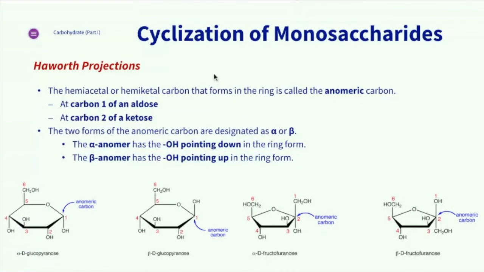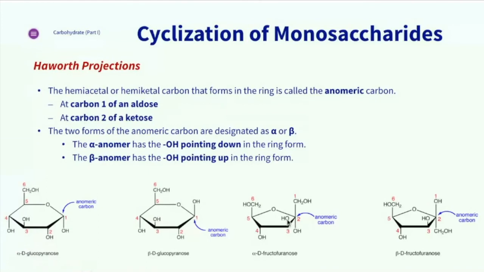Okay. So the hemiacetal and hemiketal carbon that forms the ring is called the anomeric carbon. So usually for the aldose, it is at carbon number 1, and for ketose, it is at carbon number 2. So this is the aldose, so the anomeric carbon is at carbon number 1. And this is for the ketose.